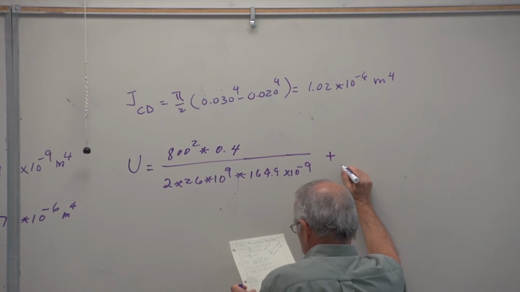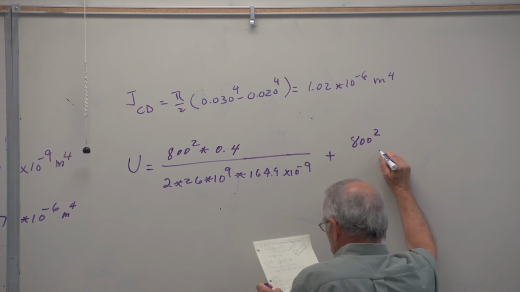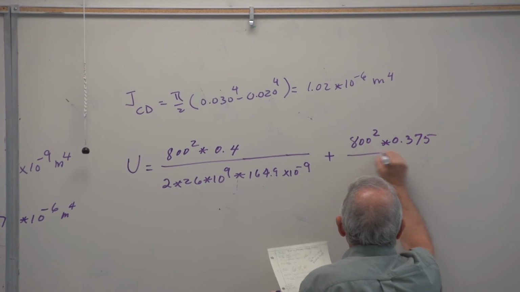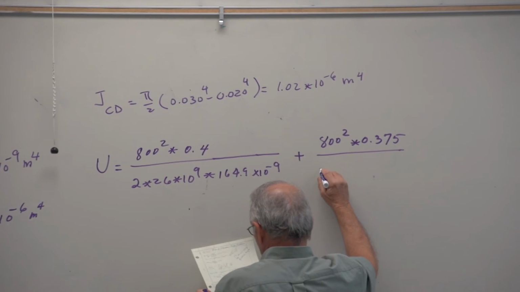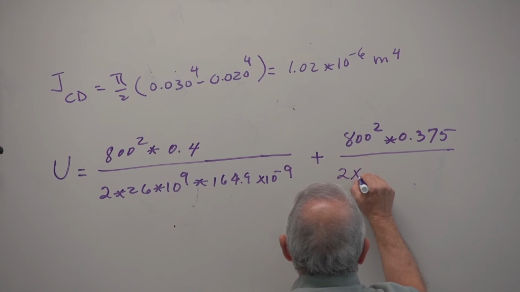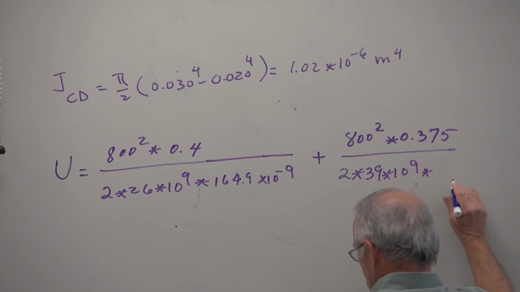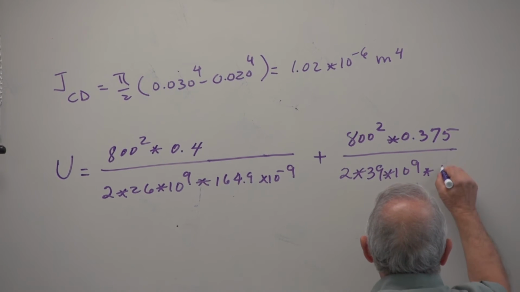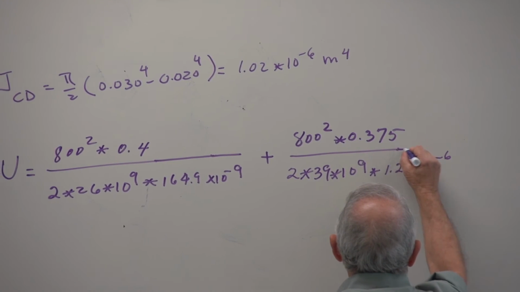Add to that 800 squared, second part, 800 squared, length is 0.375. G is, is it 2? Yeah, I have the 2 here. 2 times 39 times 10 to the 9 times J. And for that one is 1.27 times 10 to the minus 6.